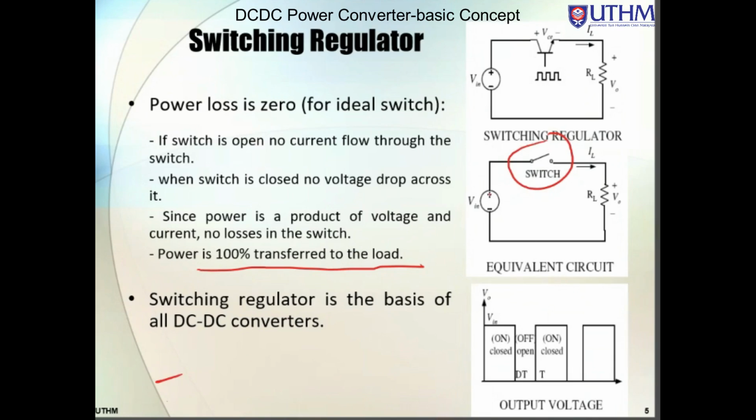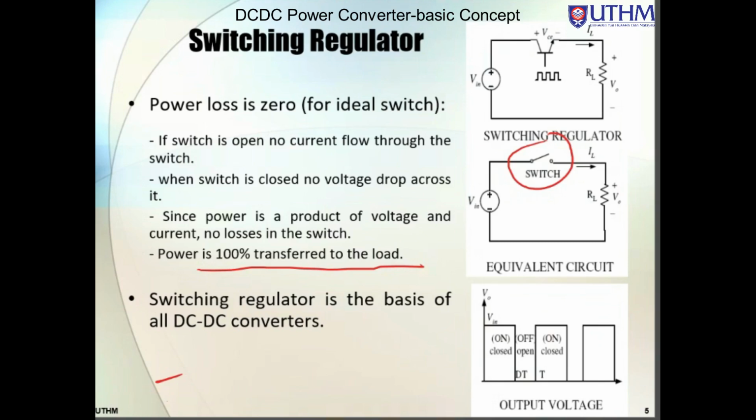But the problem with the ideal switch is that in real world applications it is not possible to use a normal switch, because in real applications we still need to use a transistor or MOSFET that operates as a switch.